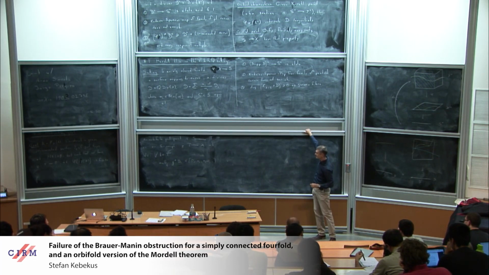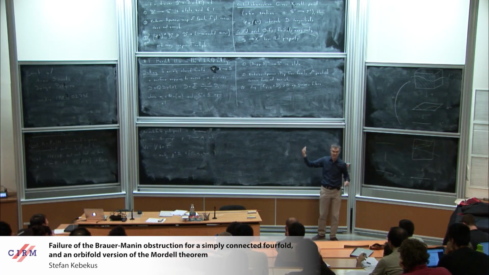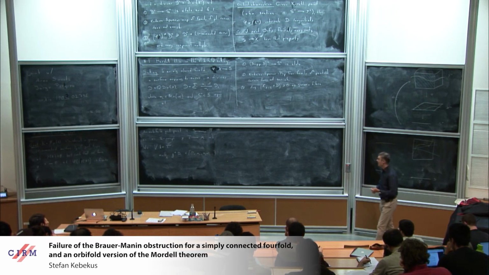So we are not asking that it's a precise multiple of m_i. It could be like 3 when m_i is 2. That's an orbifold rational point.